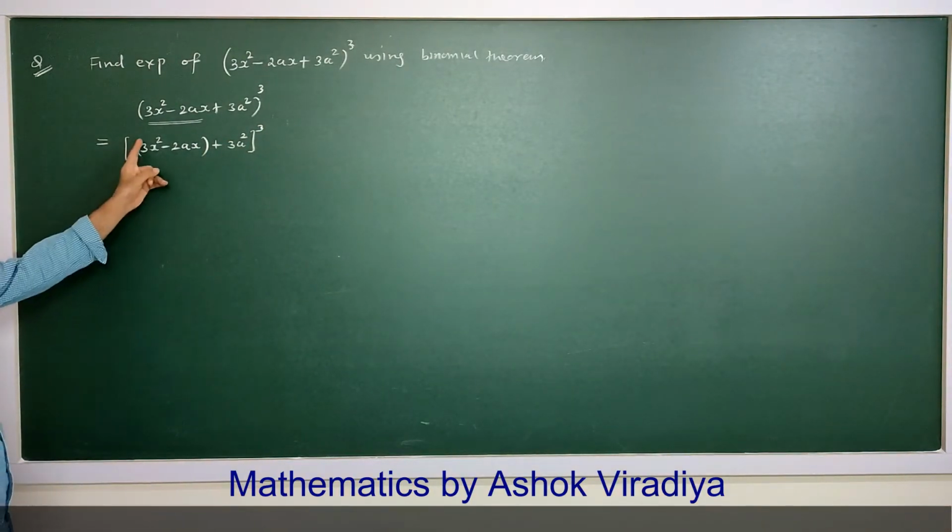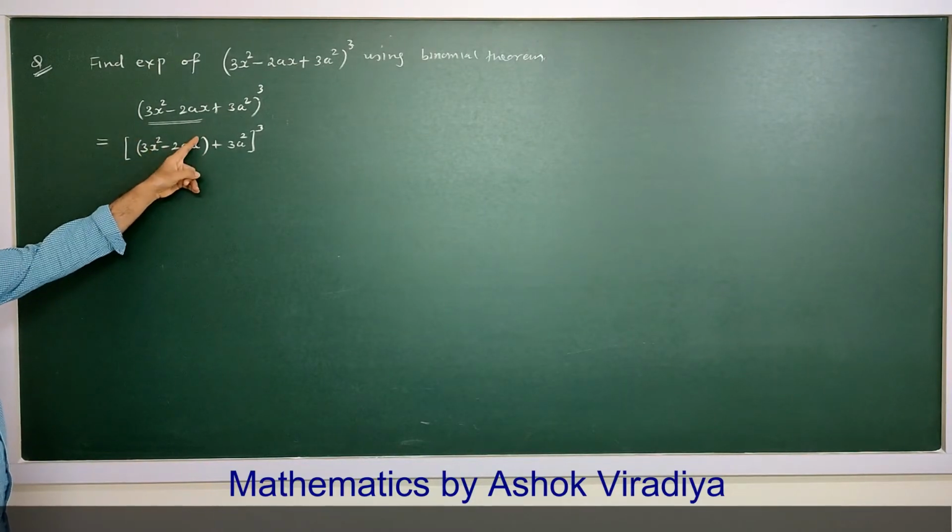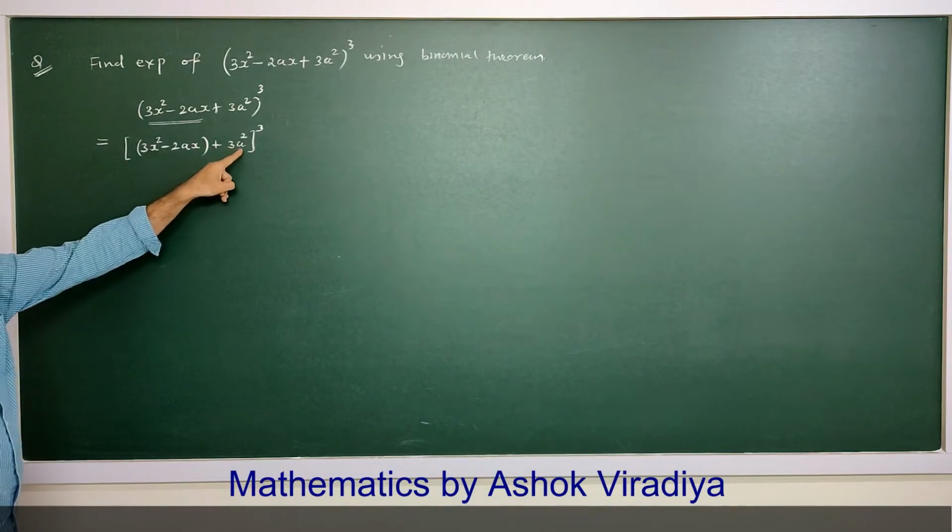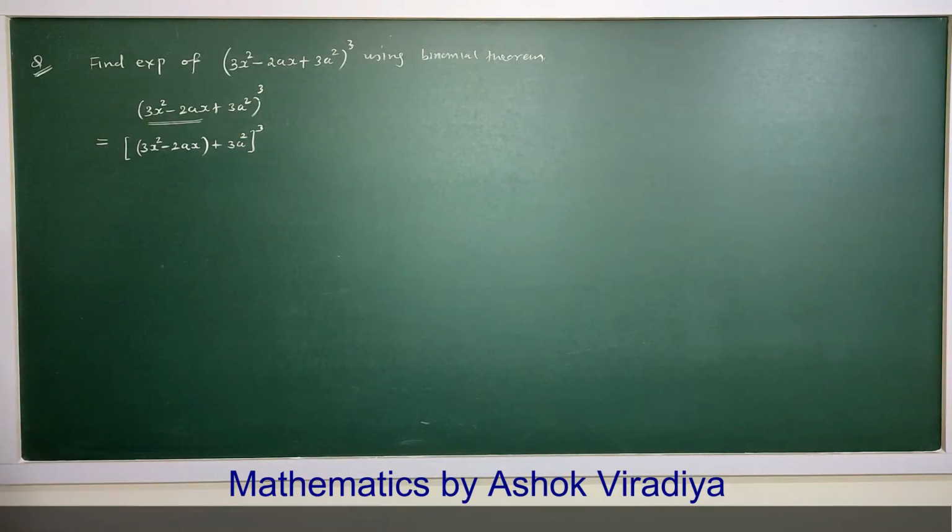You can consider this as m, so this is (m plus 3a square) whole cube. So it is converted into a binomial.